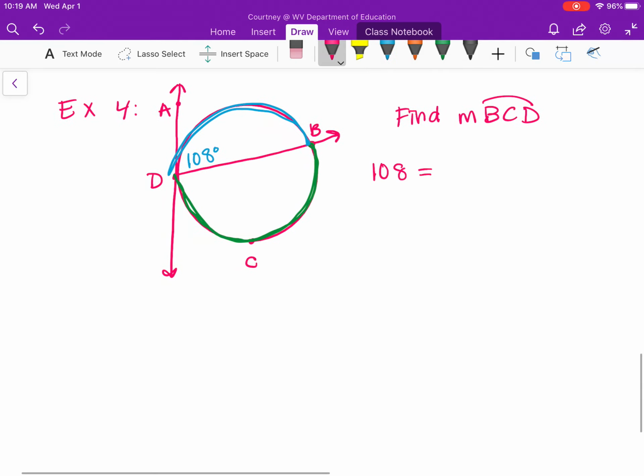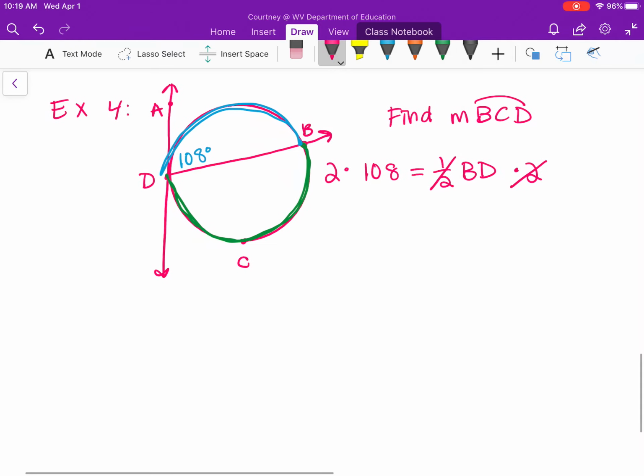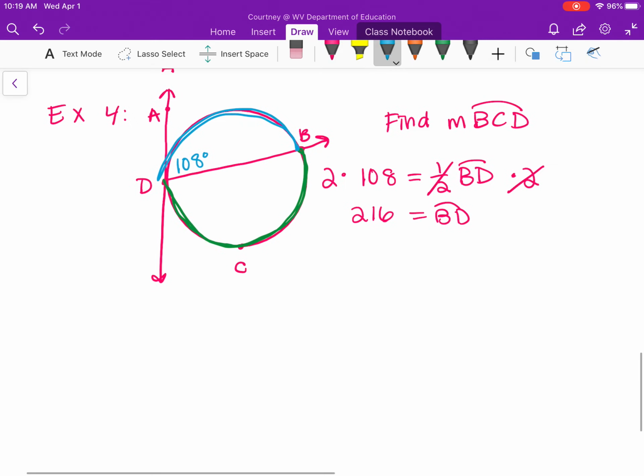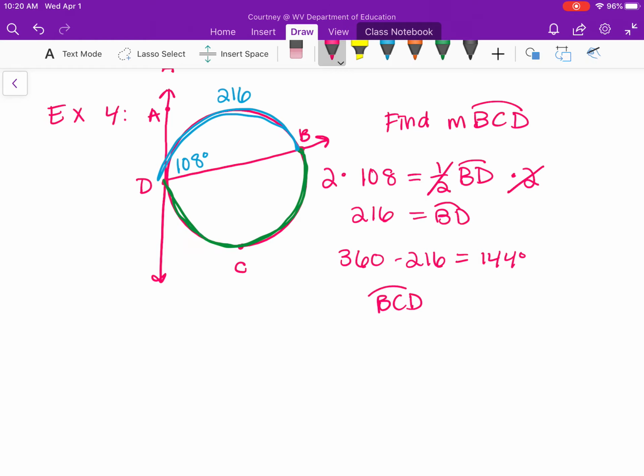So the angle, 108, equals half of BD. If we multiply by 2 on both sides, BD would equal 216. Then 360 minus 216 is 144. So my final answer, BCD, is 144.